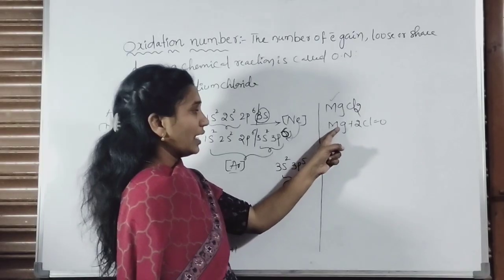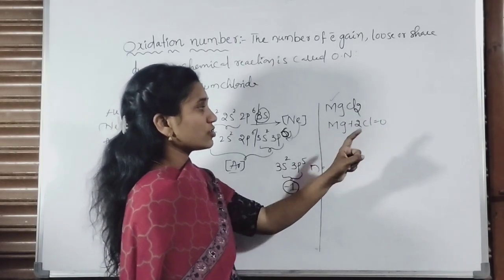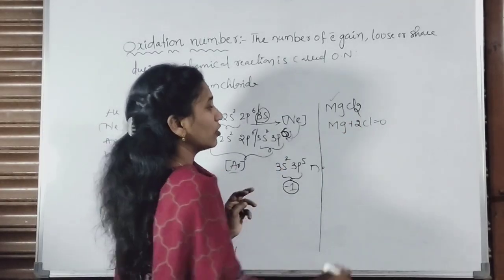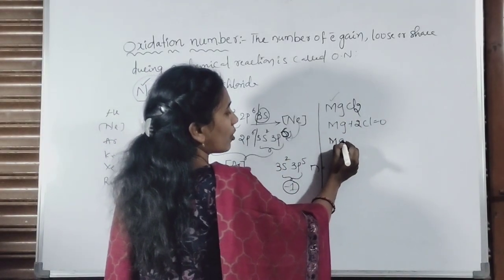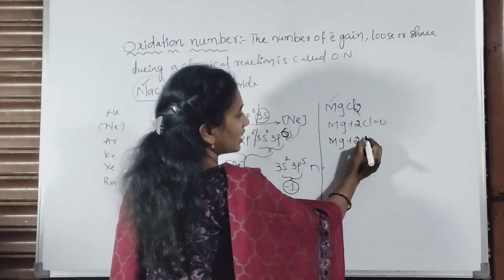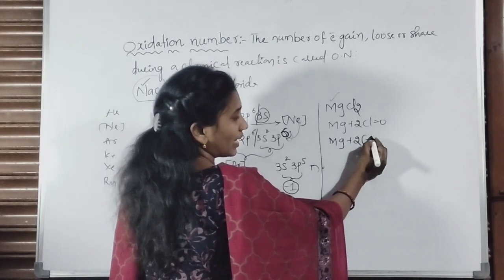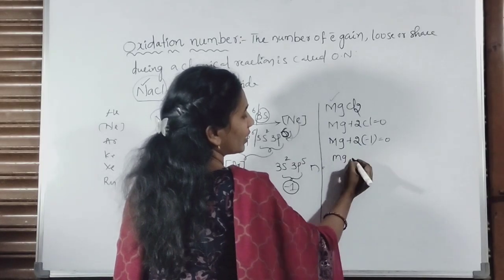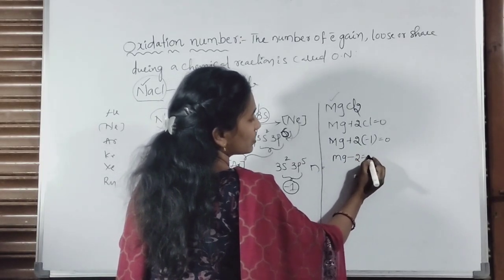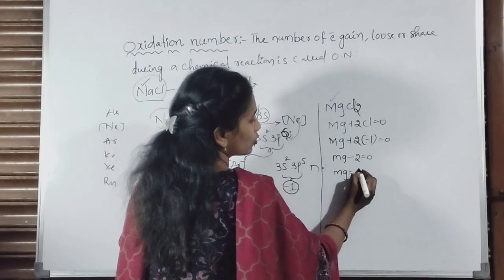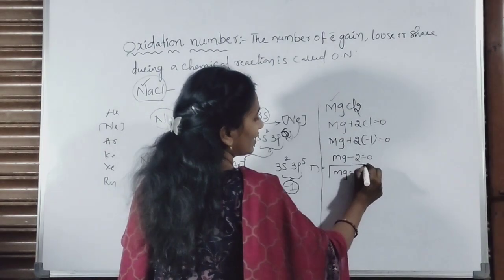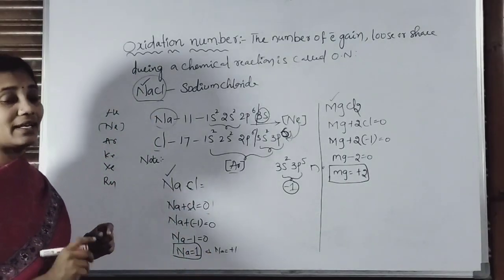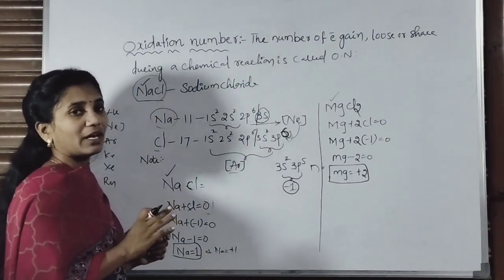I have written 2Cl because there are 2 chlorine atoms. Now we need to find the magnesium oxidation number. What is the value for Cl? Just now we have known, it is -1. So Mg plus 2 into -1 is equal to 0, so Mg minus 2 is equal to 0. So magnesium is equal to +2. What is the oxidation number for magnesium? Plus 2.